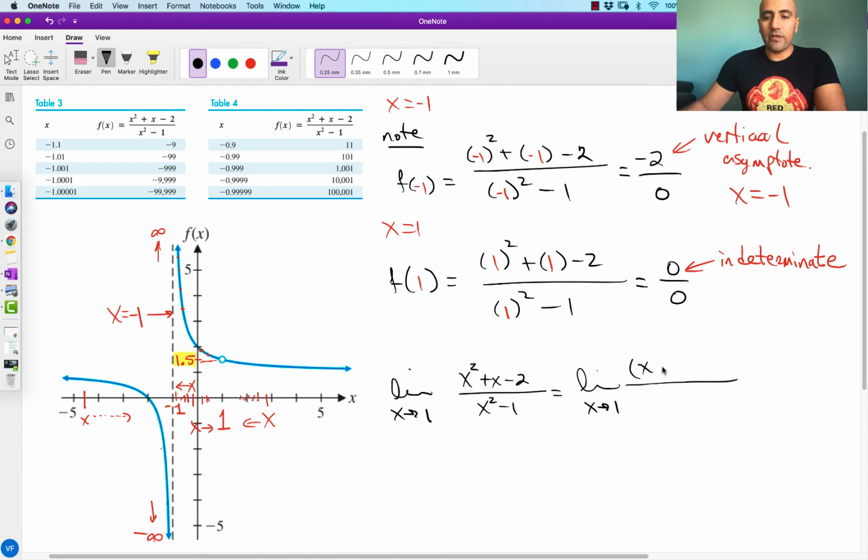The numerator is x plus 2 times x minus 1, and the denominator is x plus 1 times x minus 1.